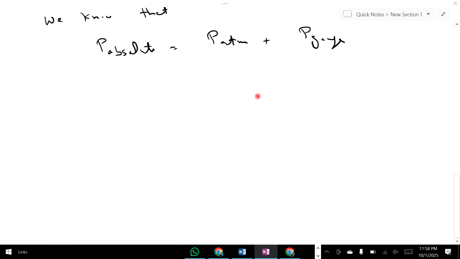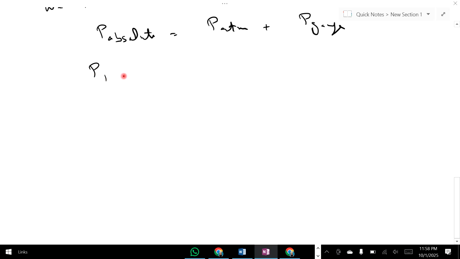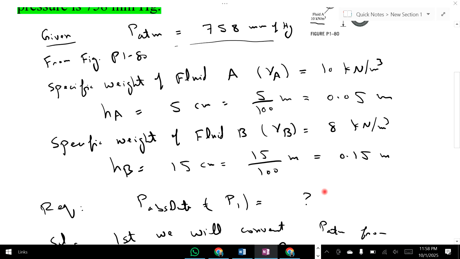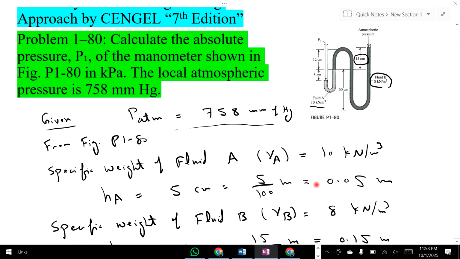So P absolute, which is P1, is equal to atmospheric pressure plus gauge pressure in the manometer, which is gamma A HA for this fluid, fluid A, and for this fluid, fluid B, the gauge pressure is gamma B HB.